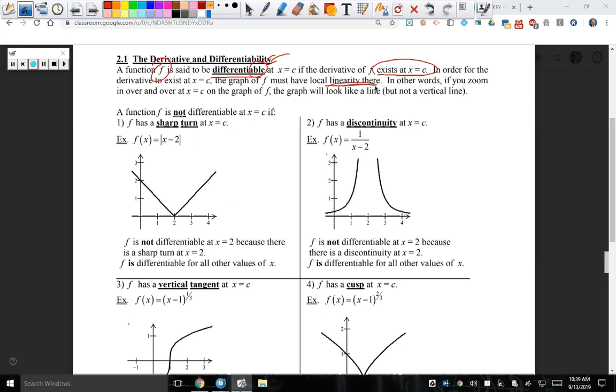In other words, if you zoom in over and over at x equals c, the graph will look like a line, but not a vertical line. Okay? So a function f is not differentiable if it has a sharp turn.